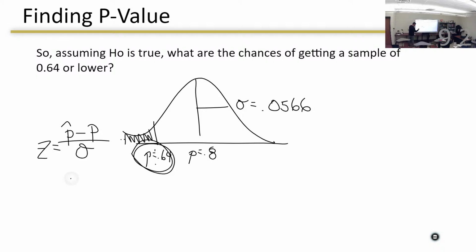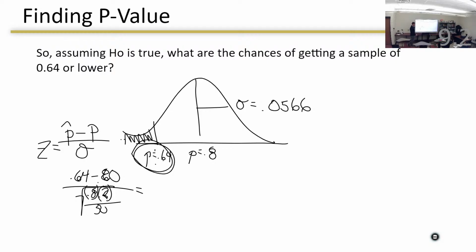So I would do 0.64 minus 0.80 over the square root of 0.8 times 0.2 over the 50, right? Doing all that to find the z-score of this 0.64.